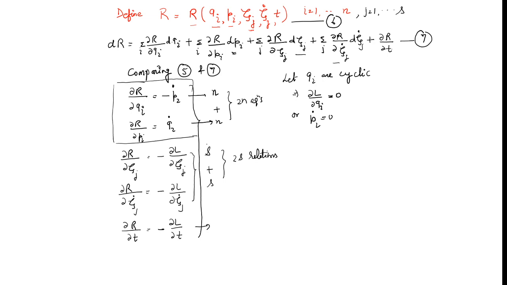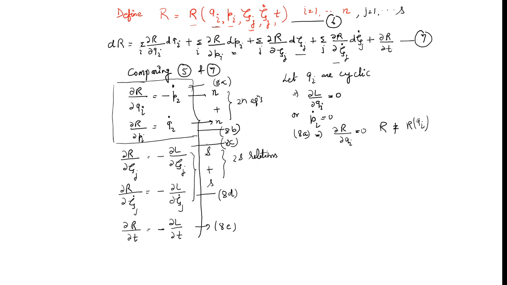And using this pi dot 0 in 8a, this is 8a, this you can see 8b, this is 8c, 8d and 8e. So 8a implies delta R delta qi is also 0. So R is not a function of qi. If qi is cyclic, it will not appear in R. So whatever I have written in 6, this qi will disappear from here.